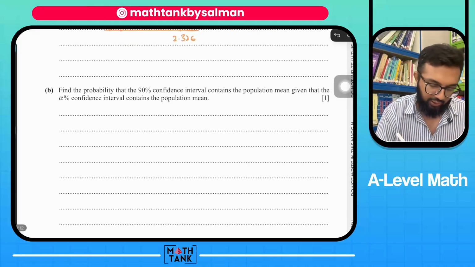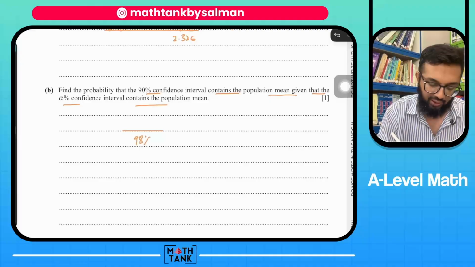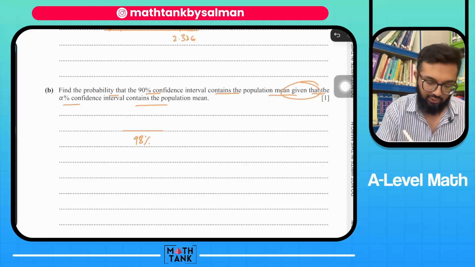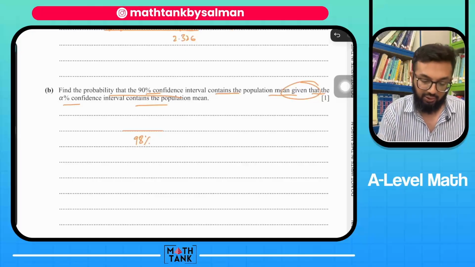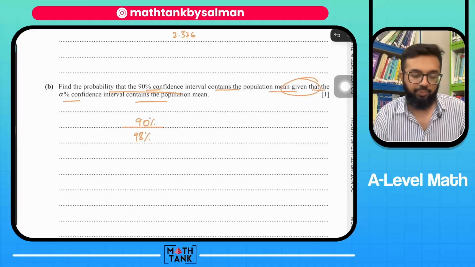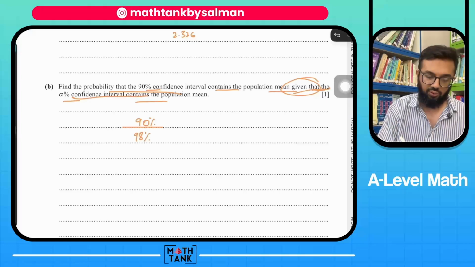It says find the probability that the 90% confidence interval contains the population mean given that the alpha percent interval does. So the alpha percent interval contains the population mean, there's a 98% chance of that happening. This is a conditional probability that the 90% confidence interval also contains that mean. So it's going to be 90% over 98%. There's a 98% chance in the denominator, that's the given condition.